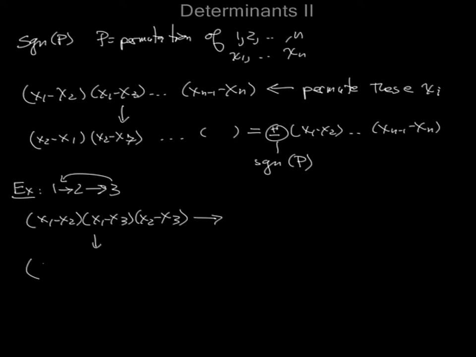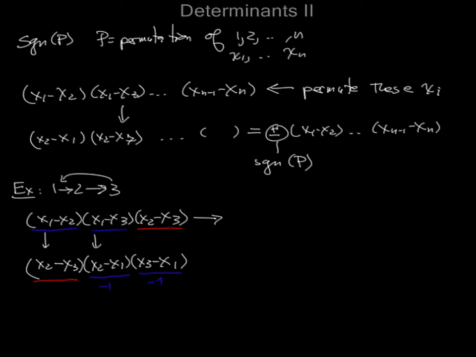Well, let's see. 1 goes to 2, 2 goes to 3, 3 goes to 1. You get this polynomial. Now, how does this compare with the original one? Let's see. We have to look at them term by term. x2 minus x3 appears in both of them. x2 minus x1 appears here, but it has the opposite sign.